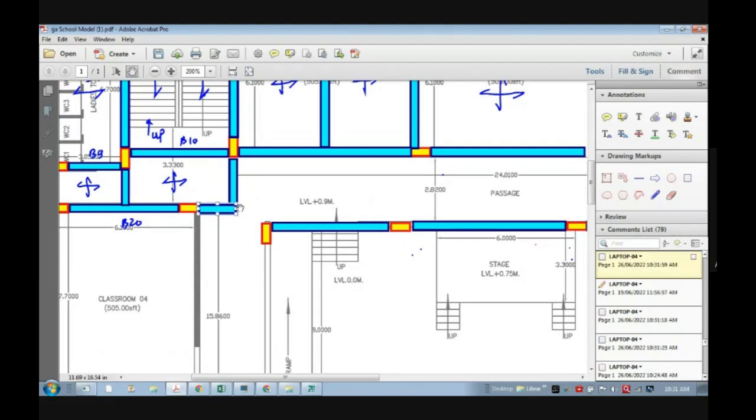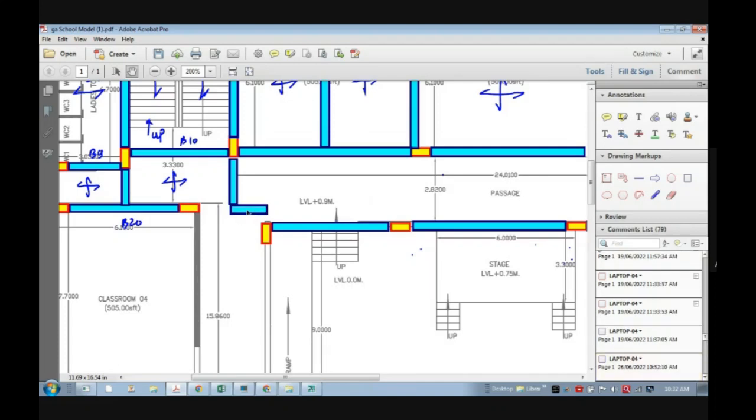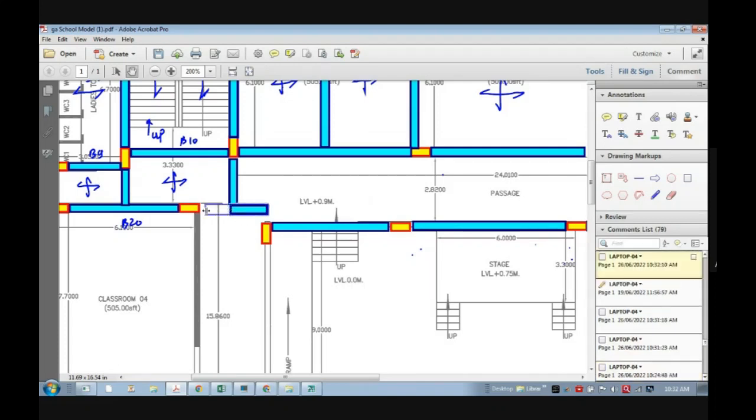I can extend this. And then I can have one more beam here.